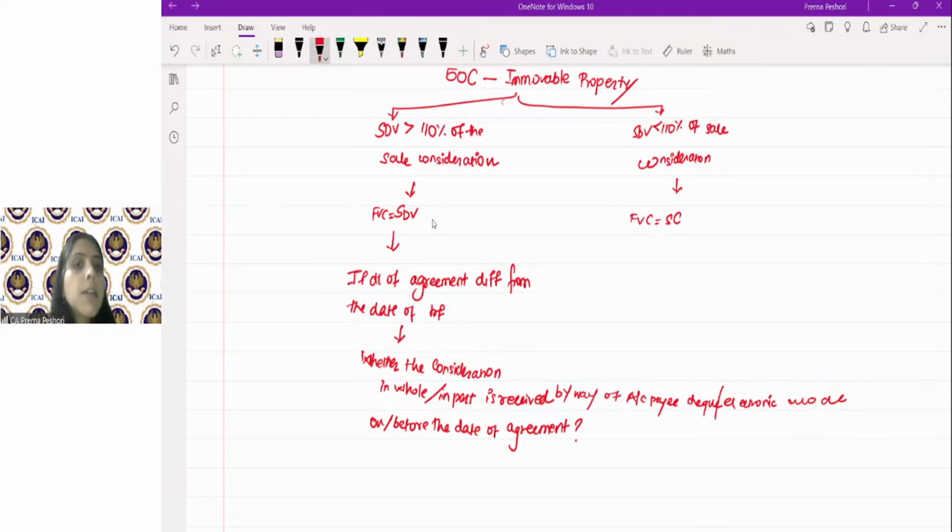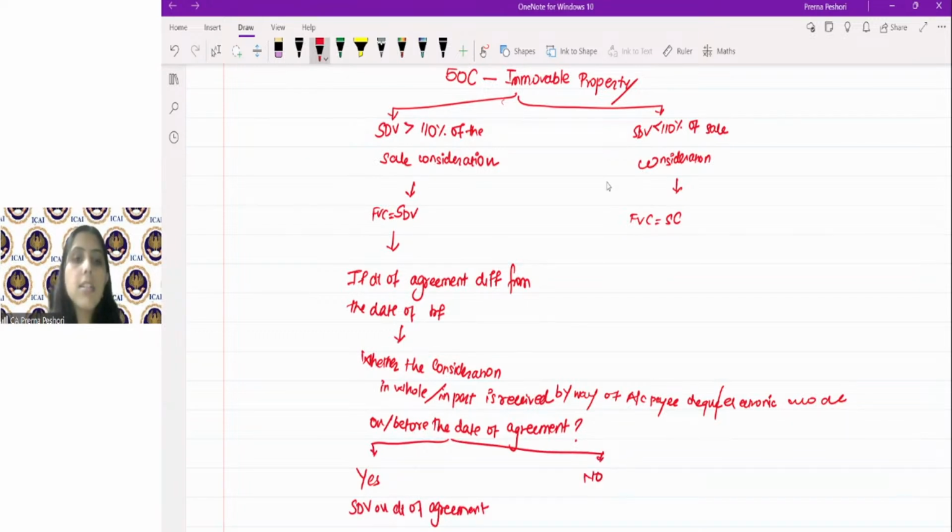So where the date of the agreement fixing the amount of the consideration and the date of registration of the transfer are not the same, then you have to ask whether the amount of consideration fully or partly is received by way of an account payee cheque, account payee bank draft, ECS or any other electronic mode on or before the date of the agreement. If the answer to that is yes, then you have to take the stamp duty value on the date of the agreement.